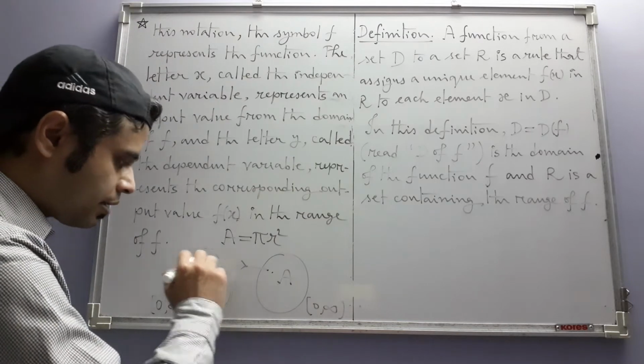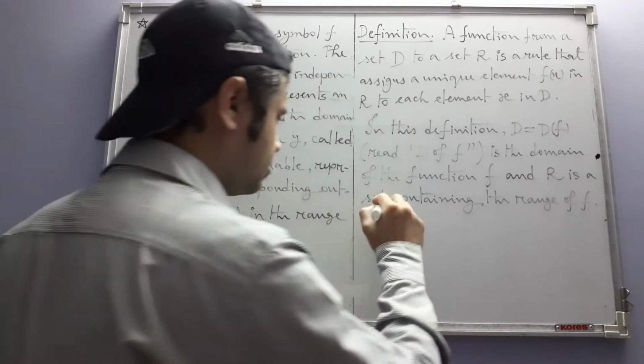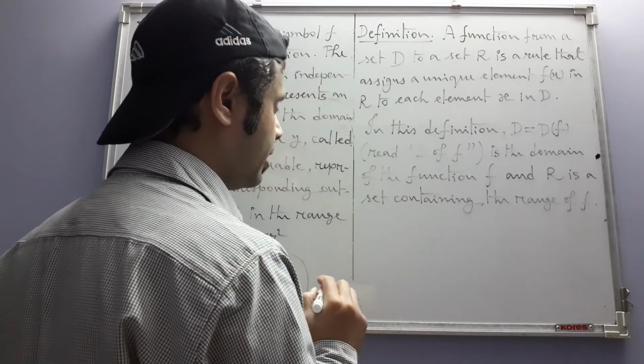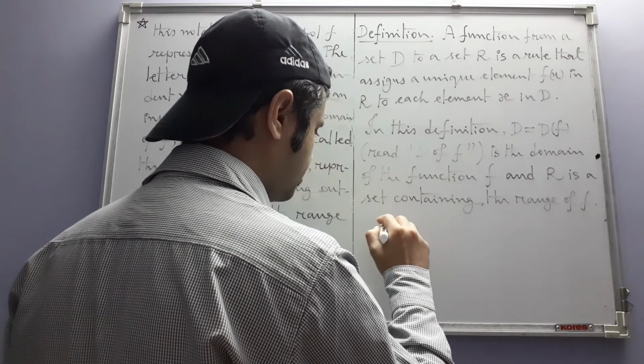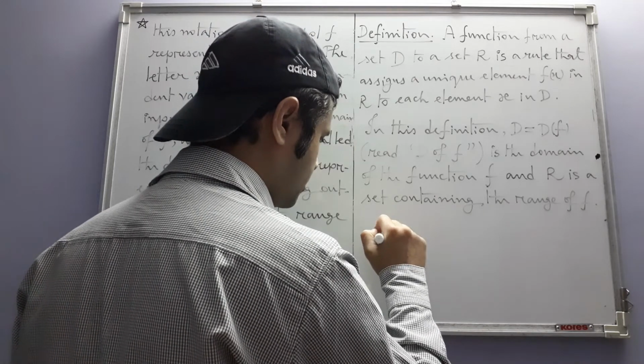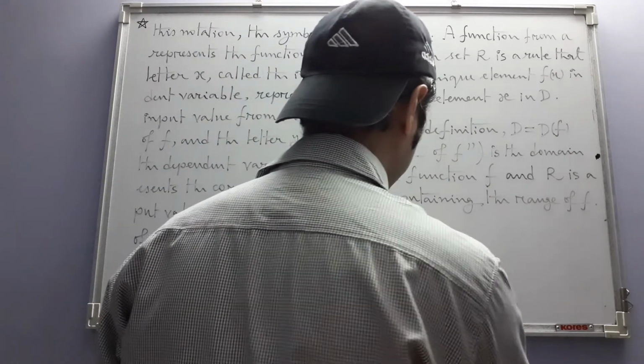So the circle area function we have here, you can also write like this. In fact, let us just write it out, it's not there in the text.